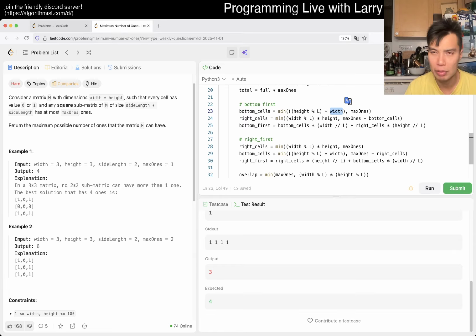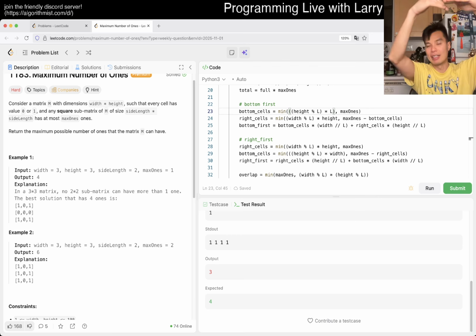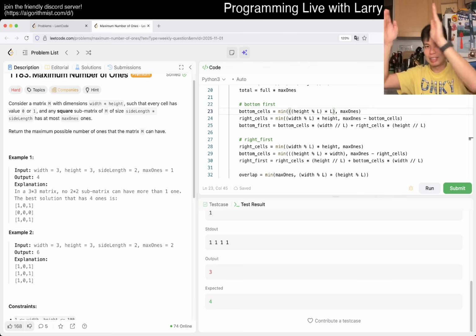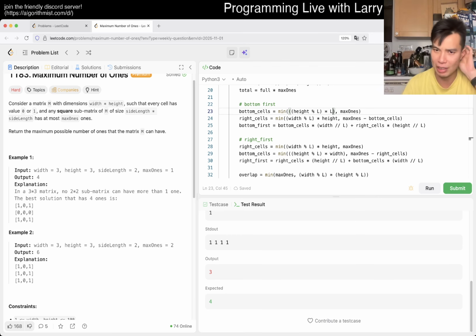This is times L, because I want it to be in terms of L, right? So that's why this is wrong. Because what it is saying is that it's overlapping, but each of these chunks has a length of L, right? So it should be L. And the same thing for this.